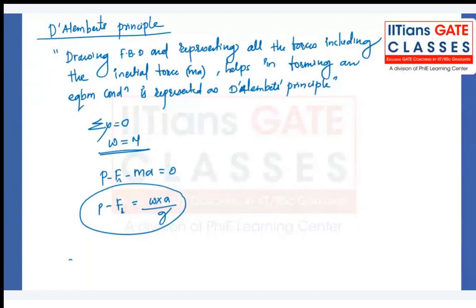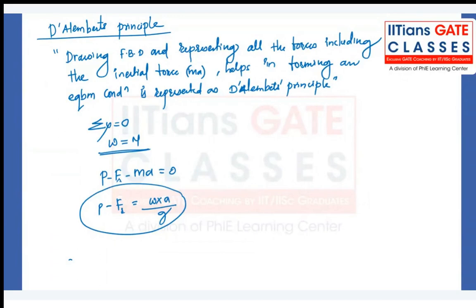Is it clear till this? So you understood what we are doing in D'Alembert's principle. Can you tell me in which situation you will use D'Alembert's principle, or in what kind of problems you can use it? Non-inertial.